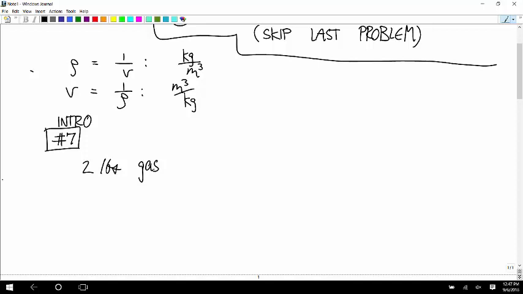And the process we know follows pressure times volume, this is capital V, so that's actual volume, not specific volume, to the N is equal to a constant.